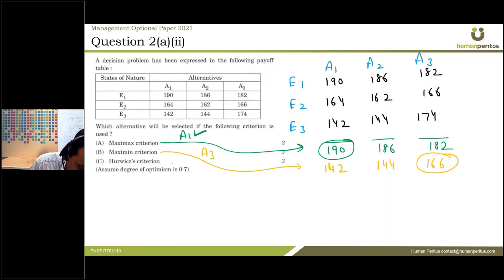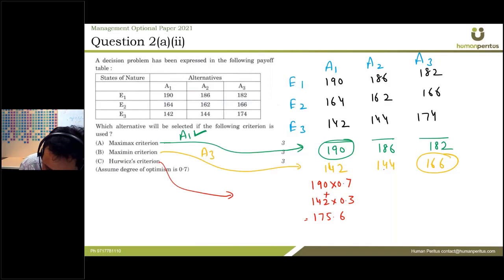Let's come to part 3 now. Part 3 is the Hurwitz criterion, and my degree of optimism is given, which is 0.7. So I'll calculate my values. My maximum value 190 into the optimism value, plus the minimum value 142 into the degree of pessimism, and this comes out to be 175.6.